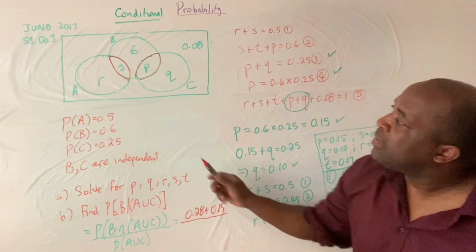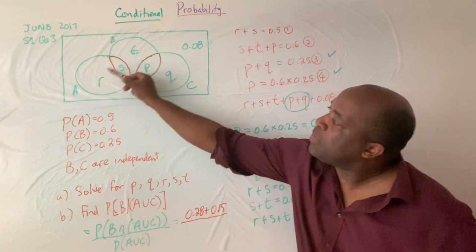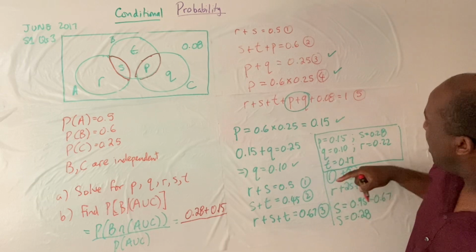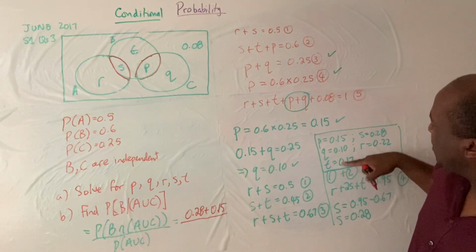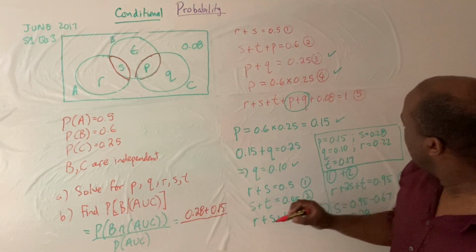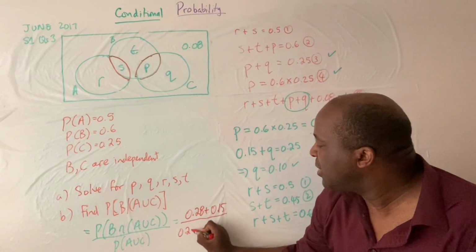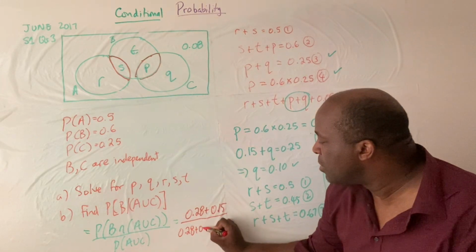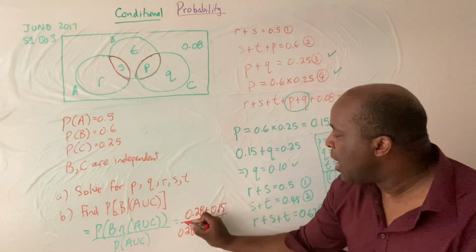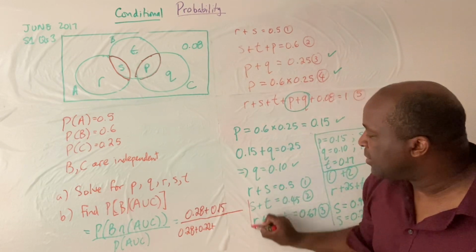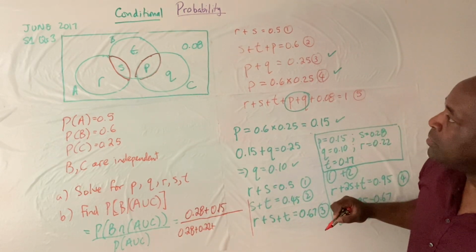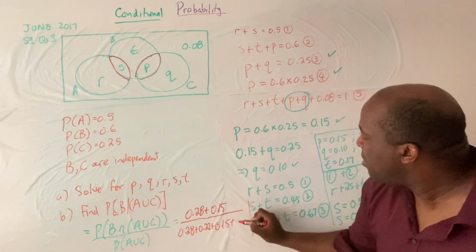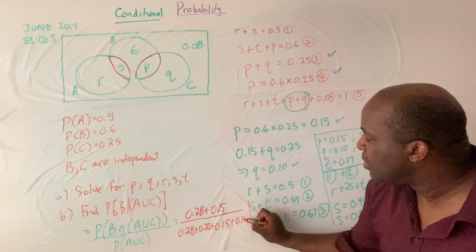And the restriction is A union C, which is R with S and P with Q all added together. So R with S is going to be 0.28 plus 0.22. And then we're going to add to that P with Q, 0.15 plus 0.10.